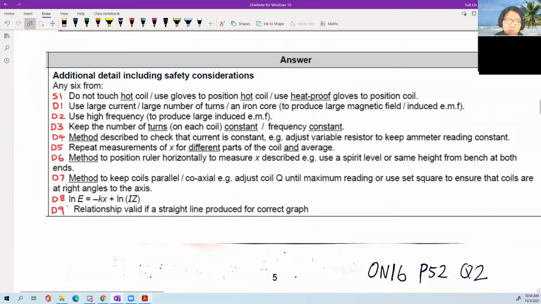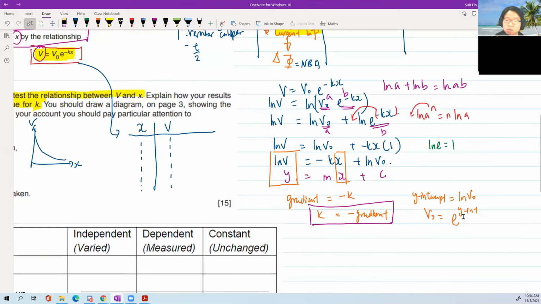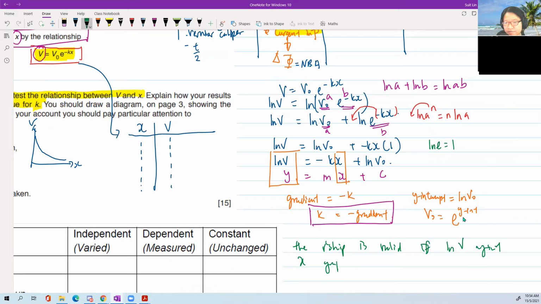So what I will write is: the relationship is valid if the ln v against x graph is a straight line with negative gradient, because of the negative k, and y-intercept.